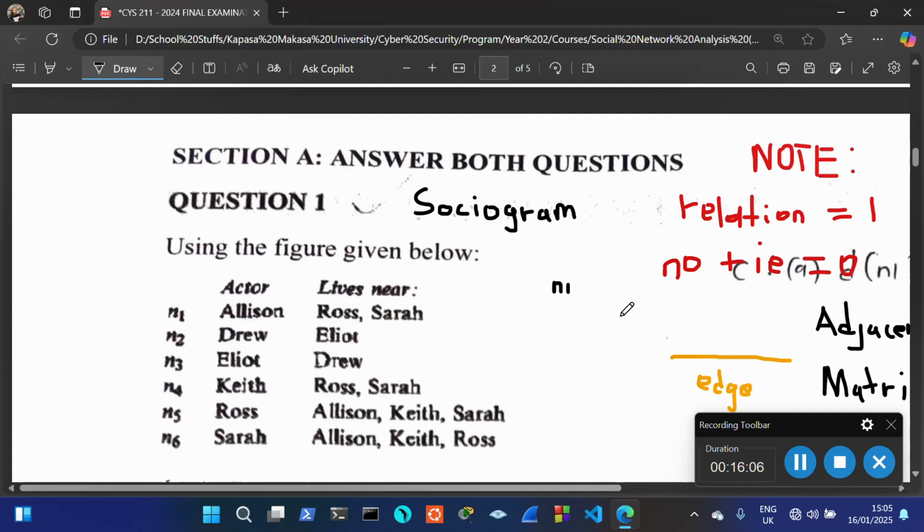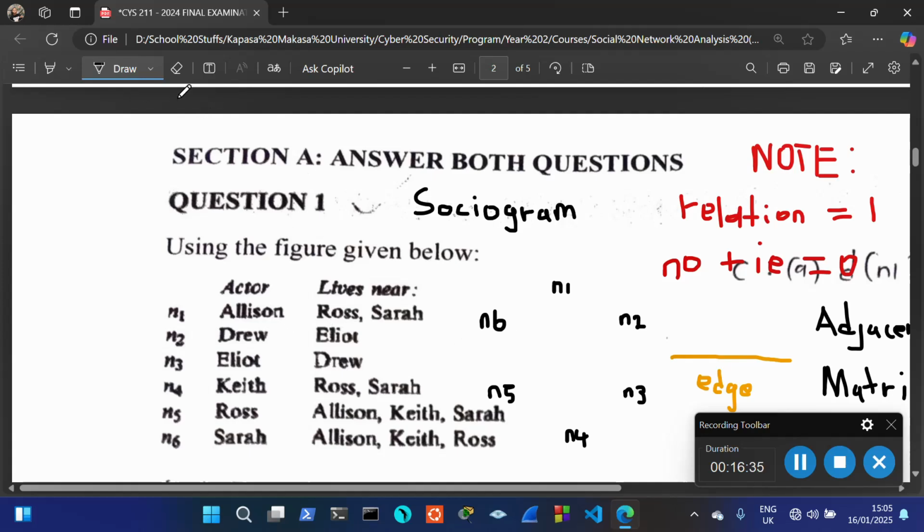Again here we have N2 as our actor, then we have N3 as our actor, then N4 as our actor, then N5 as our actor, and finally we have N6 as our actor or person in this particular sociogram.